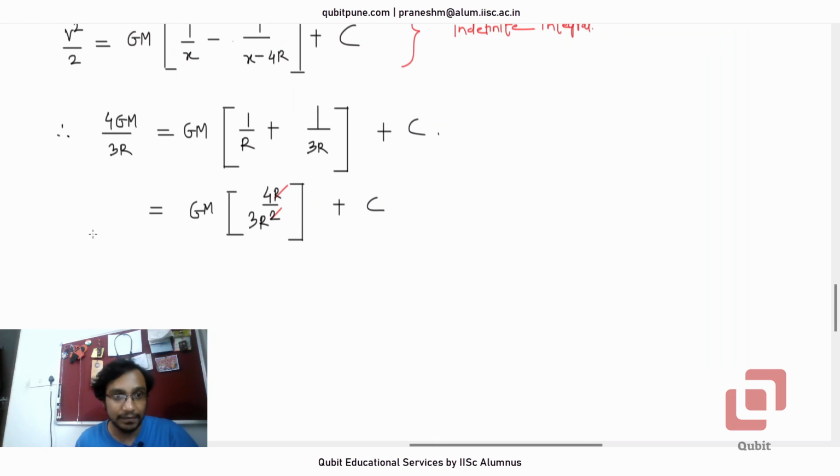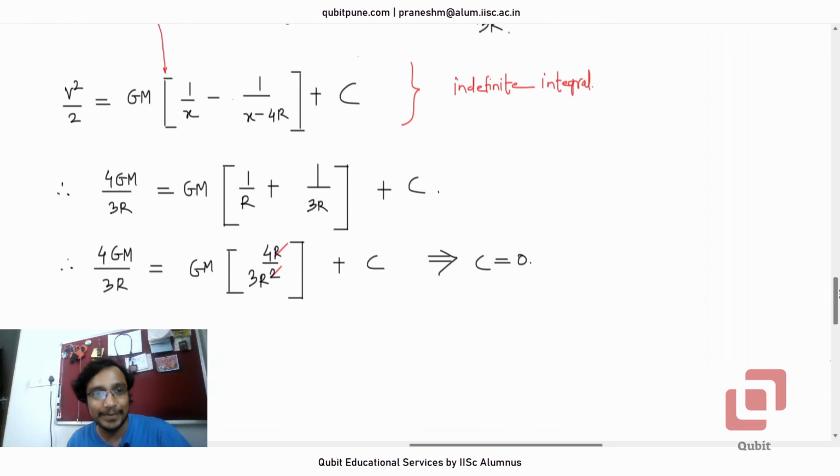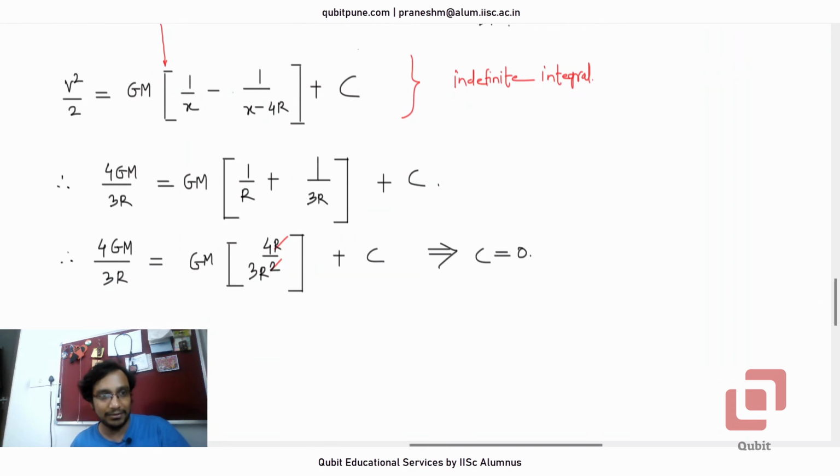Now observe, LHS already consists of 4GM upon 3r, that means C is 0. C is 0, and that will take us to the final solution. How? So C is 0, we'll put it back here.